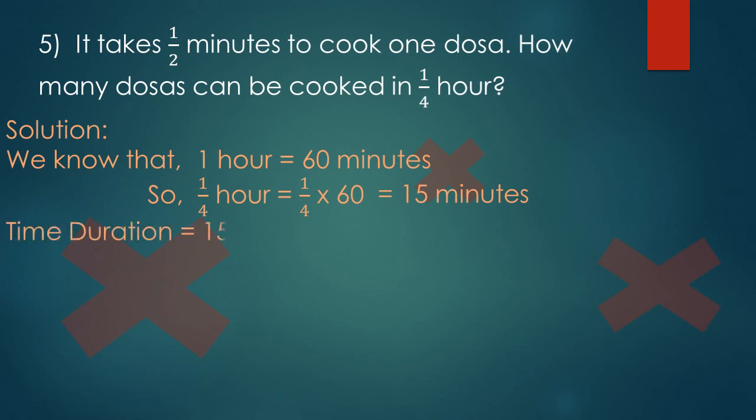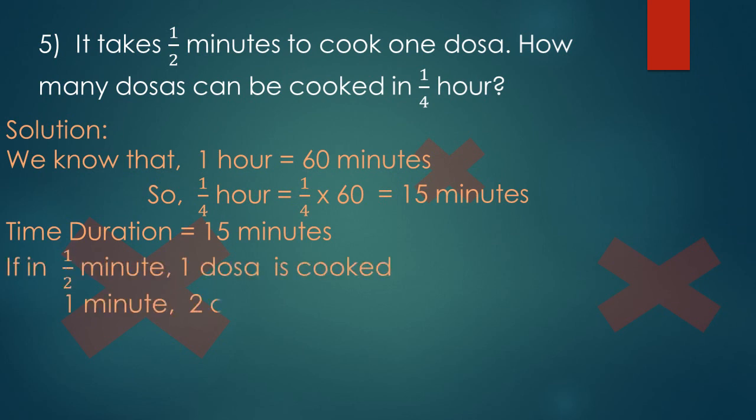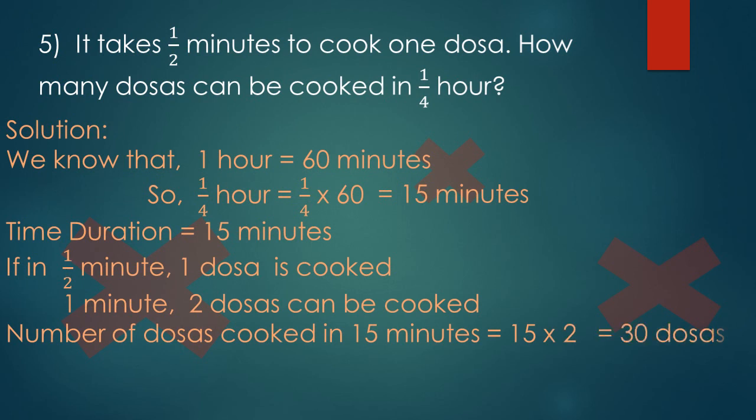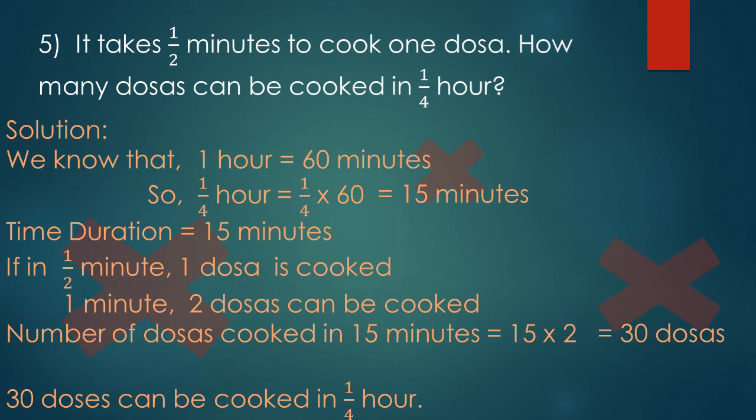So the time duration is equal to 15 minutes. If in half a minute 1 dosa is cooked, then in 1 minute 2 dosas can be cooked. Number of dosas cooked in 15 minutes is equal to 15 multiplied by 2, which is equal to 30 dosas. So 30 dosas can be cooked in 1 upon 4 hour.